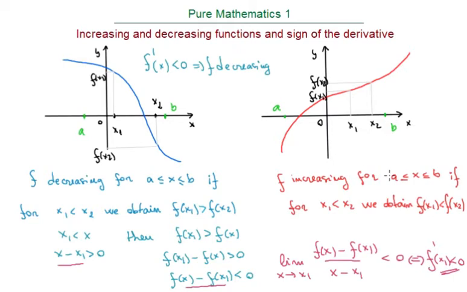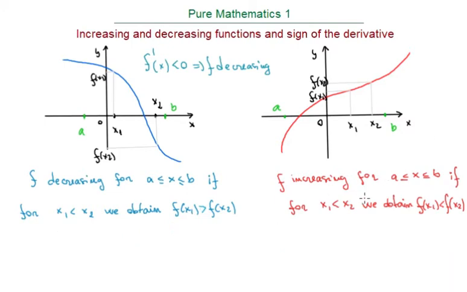We will now turn our attention to the function on the right, but for this we will create some space. And now we can repeat the process and see what kind of a result we get for the function on the right. We have x1 is less than x2.